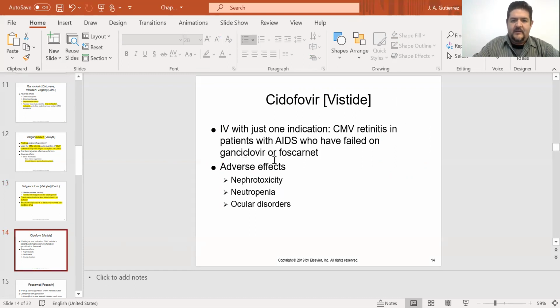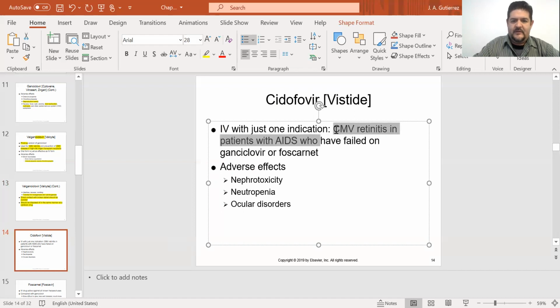Cidofovir also is a medication to treat cytomegalovirus in the retina in patients with AIDS. So same thing, if you're noticing right now, all those medications are going to produce some type of penia: neutropenia, leukopenia, reticulocytopenia, and so on.